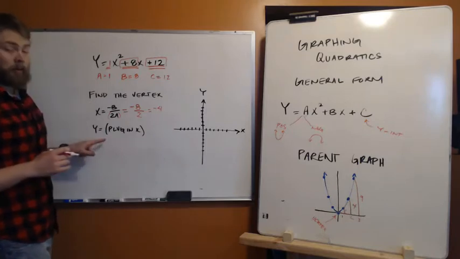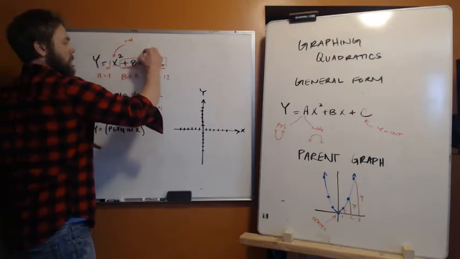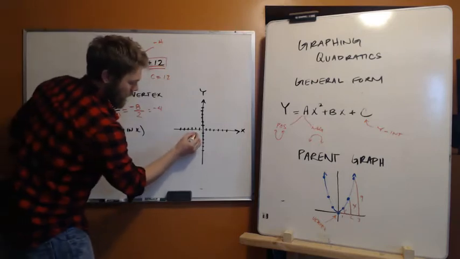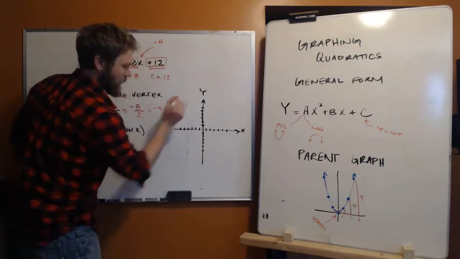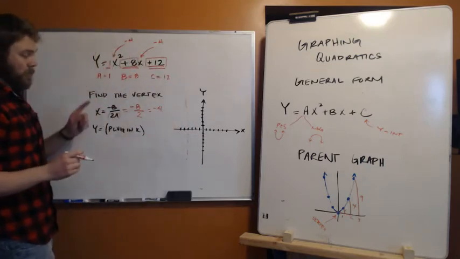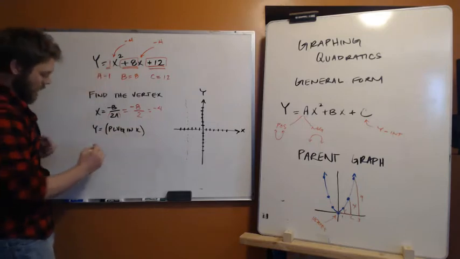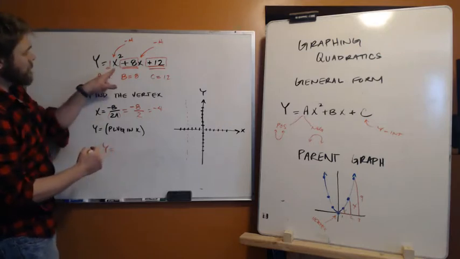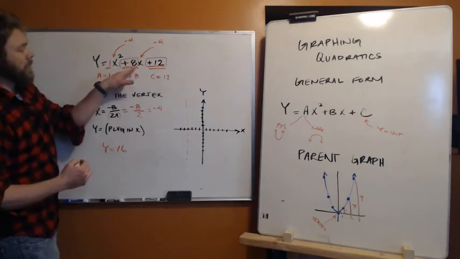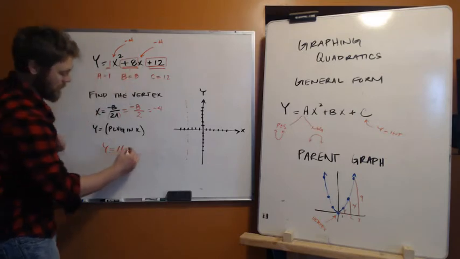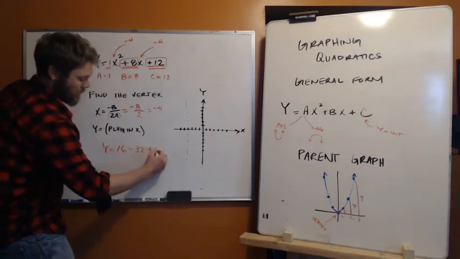Now, if we're going to find the y, we have to go ahead and plug that back in. So negative 4, negative 1, negative 2, negative 3, negative 4. Somewhere here is where the vertex is. Now, we still need to know the y value. So I'm going to go ahead and plug in negative 4 into both of these x's, and y would equal negative 4 times negative 4 is positive 16. 8, and these are getting multiplied. 8 times negative 4 is negative 32, so I'm going to write minus 32, and then the 12 is plus 12.